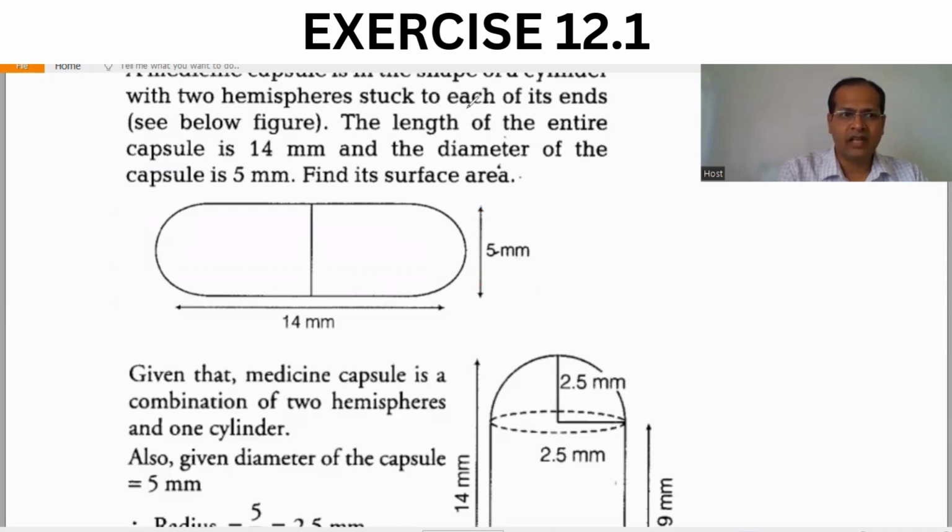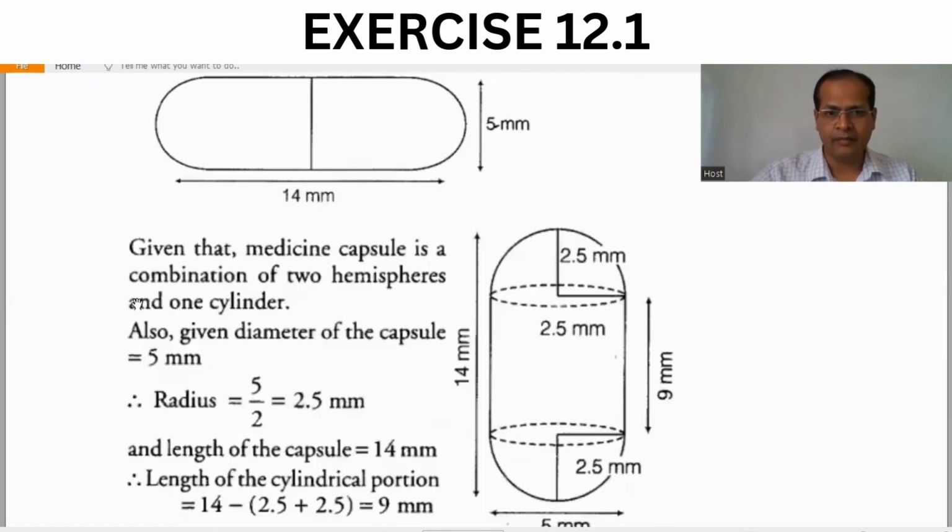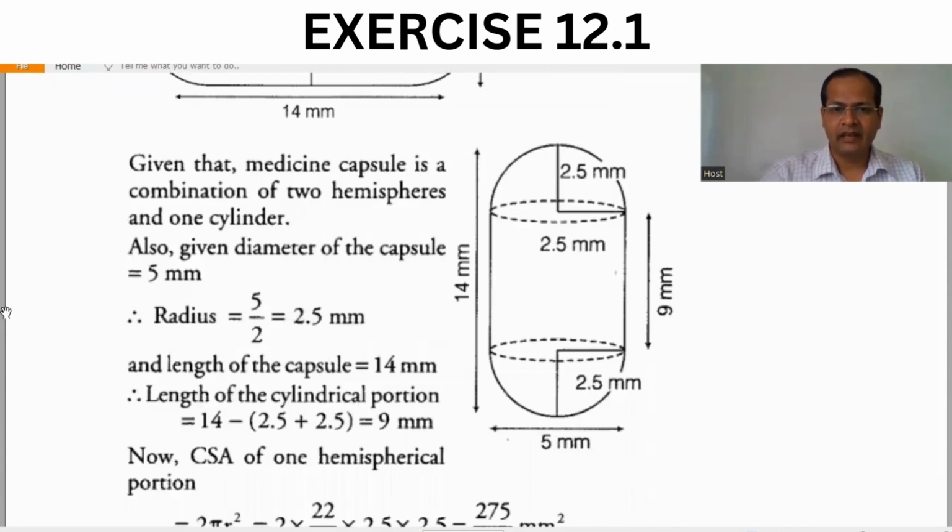Now if you see the medicine capsule vertically like this, there are 2 hemispheres and 1 cylinder. So the total length is 14, and up to here the length is 2.5, here the length is 2.5, so together 5. So the length of the cylinder is 9 mm, because 14 minus 5 is 9 mm.